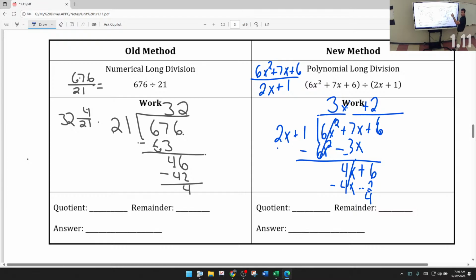We just needed the y-intercept. So this changes to this plus 4 over 2x plus 1. I just changed the look of that. It still has a vertical asymptote at -1/2.